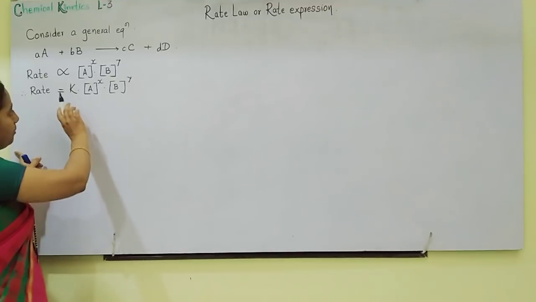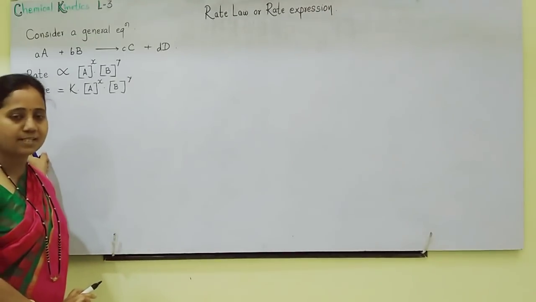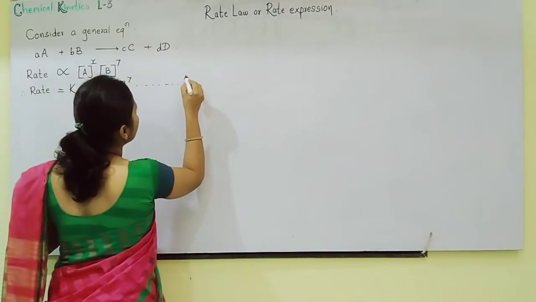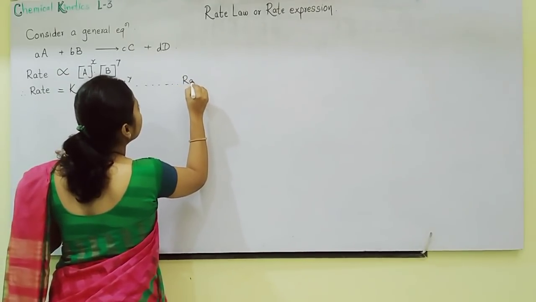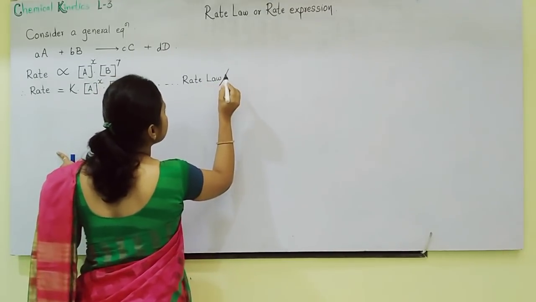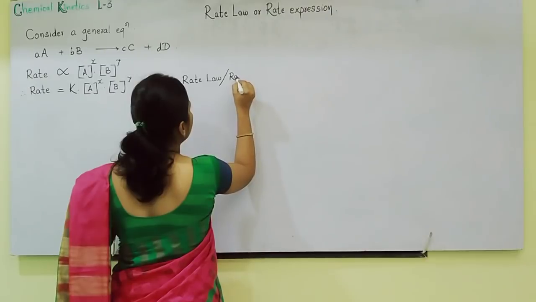Whatever is written here, by putting proportionality constant K, this is called, see students, our rate law or our rate expression.